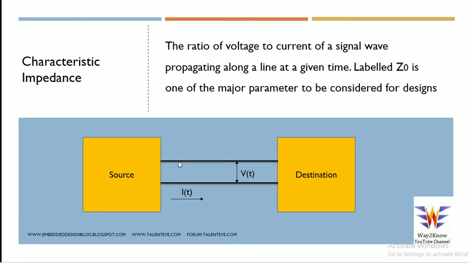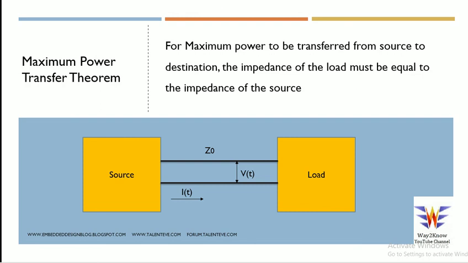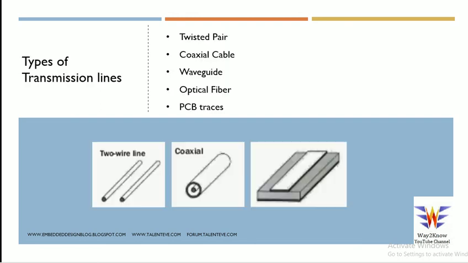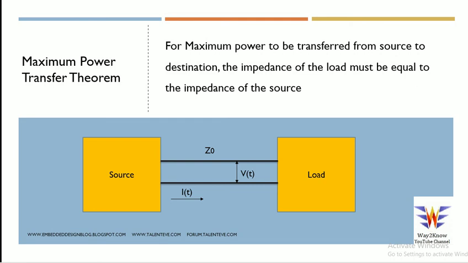Moving to the next point, one of the other important points which we have to remember, which most people might have studied in academics, is the maximum power transfer theorem. What does the maximum power transfer theorem state?